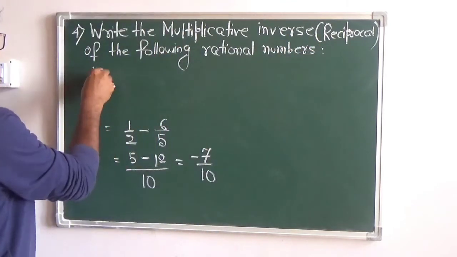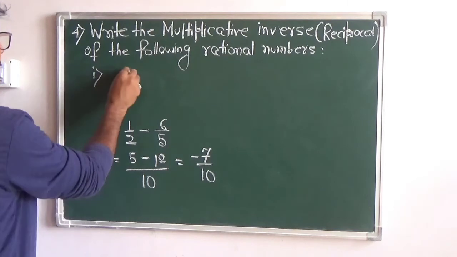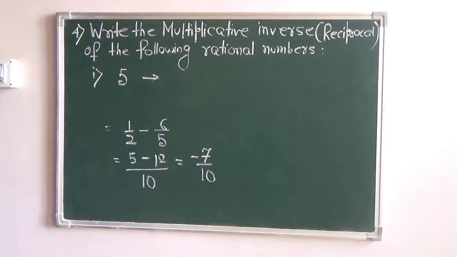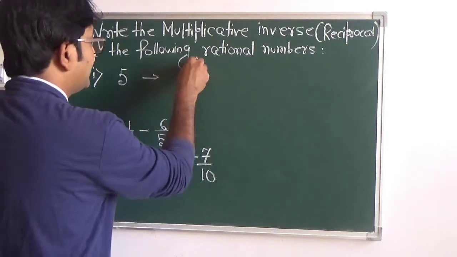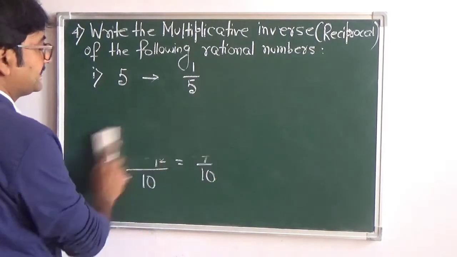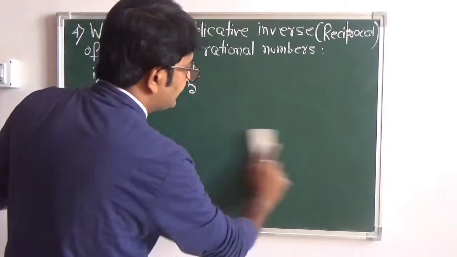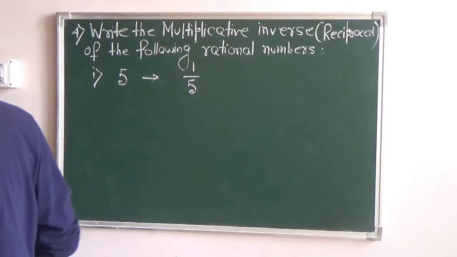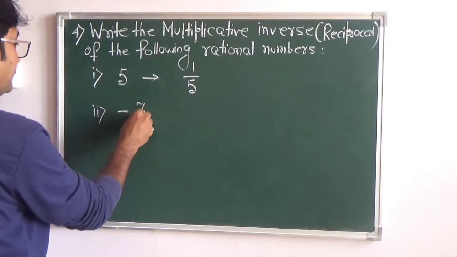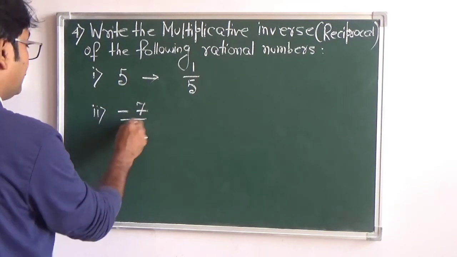So the first one is 5. The reciprocal or the multiplicative inverse of 5 will be 1 by 5. You just have to take the reciprocal. Don't have to care about the sign and all. Simply take the reciprocal. The number 2 is minus 7 by minus 8.